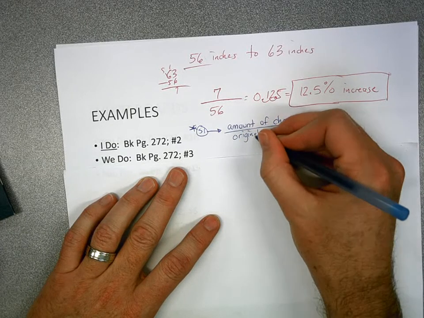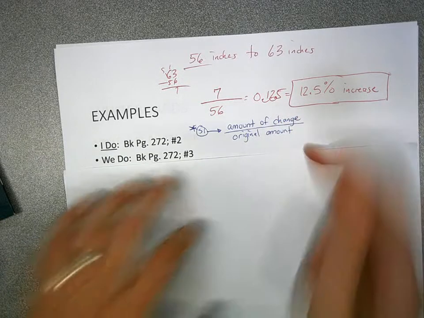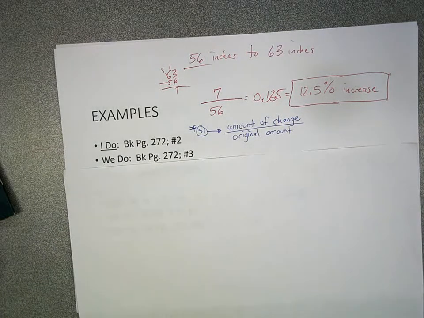Now, I want to make sure this is clear. Guys, original amount is not the original thing stated in the problem. Don't always assume that the first number in the problem is your original amount. A lot of times it will be, but it depends. They could flip-flop them, especially in word problems.